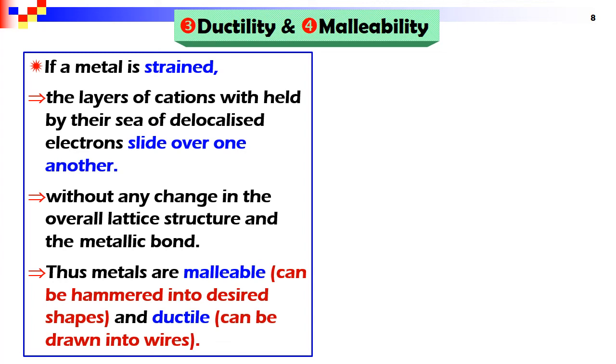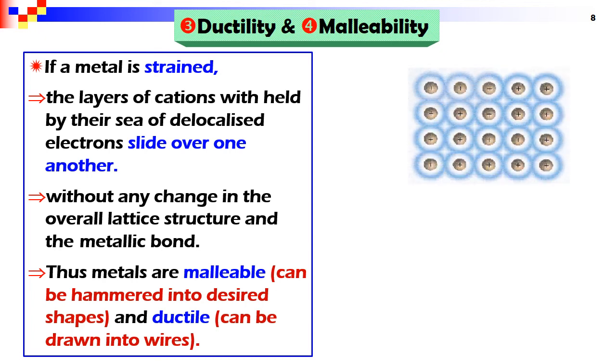This explains why metals are malleable, which means they can be hammered into desired shapes, and also ductile, which means they can be drawn into wires.